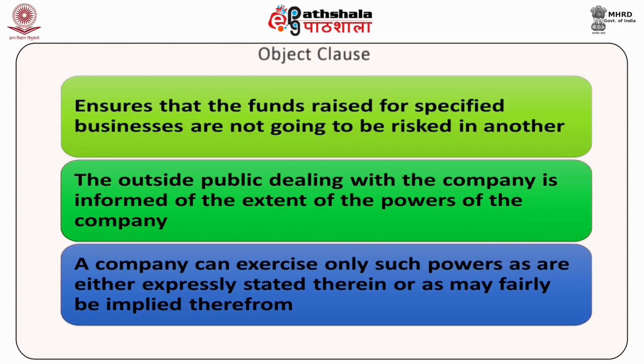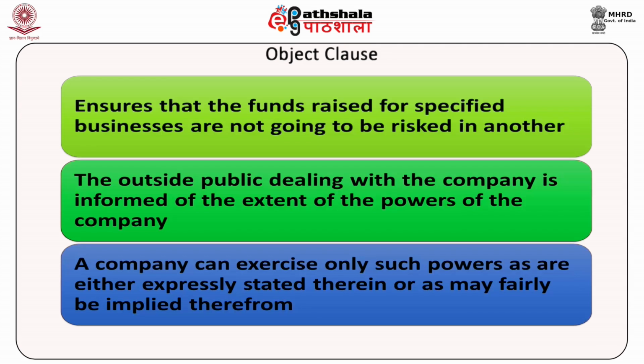The outside public dealing with the company is informed of the extent of powers of the company. A company can exercise only such powers as are either expressly stated therein or as may fairly be implied therefrom, including matters incidental or consequential to the powers so conferred.